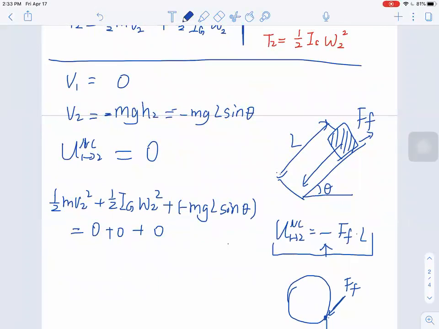If you look at this equation, the only unknowns are V2 and omega 2. But we only have one equation, and two unknowns.